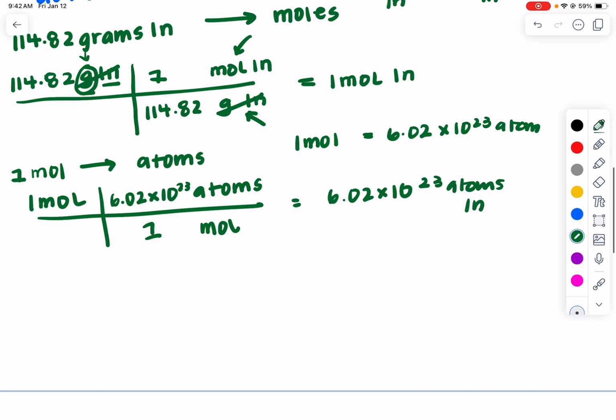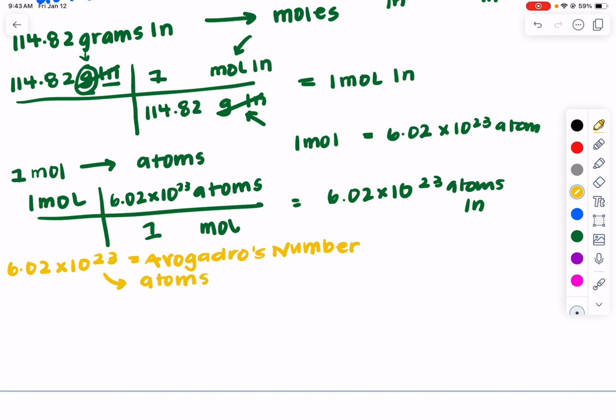I do want to go over just some nomenclature. This number, 6.02 times 10 to the 23rd, Avogadro's number, is in fact pertaining to atoms.